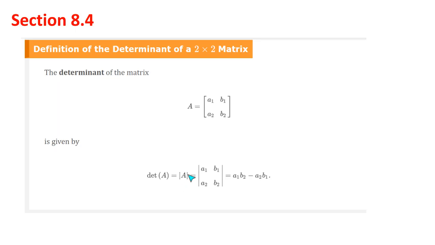We take our matrix and change it to these vertical lines since we're finding the determinant. To find it, we multiply a1 times b2, minus b1 times a2, and that would be your answer once you subtract.